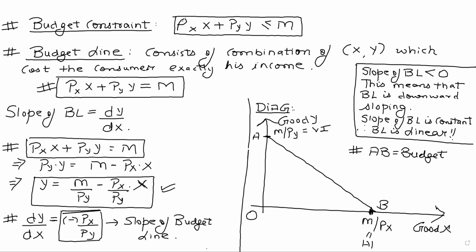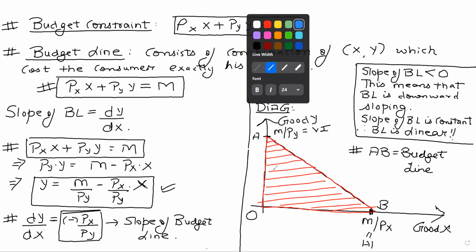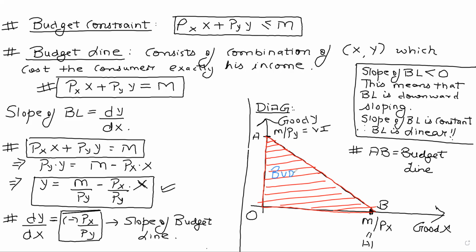And if I talk about the budget set now, the whole red shaded area, including this triangle, is my budget set. So I can write it like this, guys. Triangle OAB is our budget set.